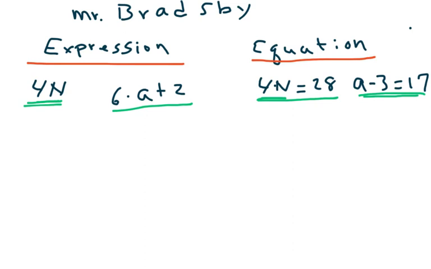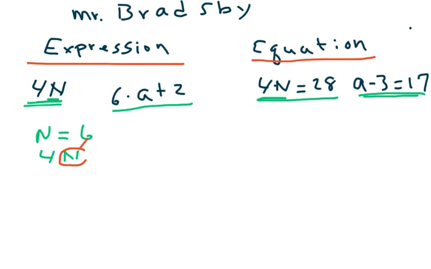Going to work with an expression here for a minute, because what you can do with an expression is, if you know the value of n, you can find the value of the expression. So let's say n is equal to 6. Okay? So 4n would be what? Well, we substitute the 6 for n.